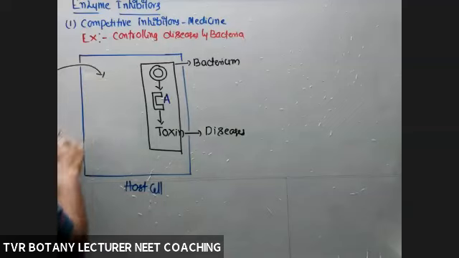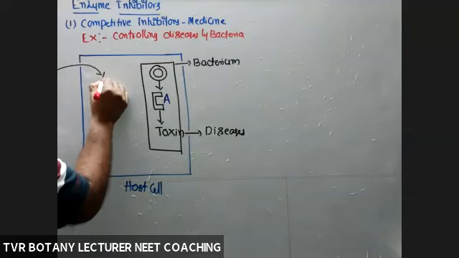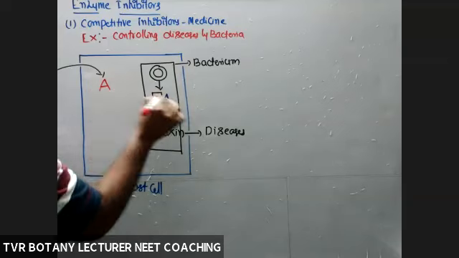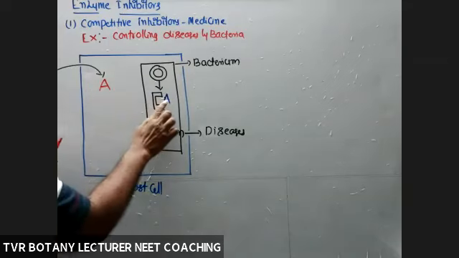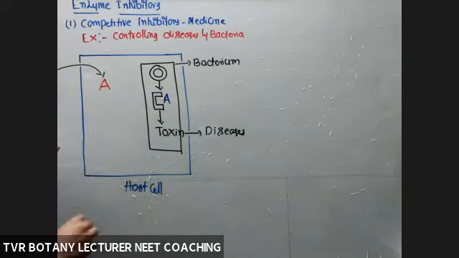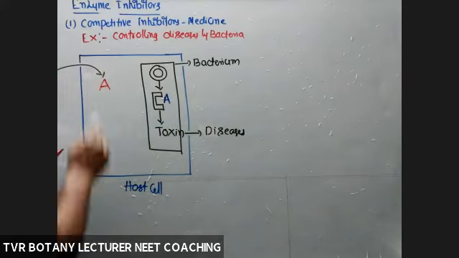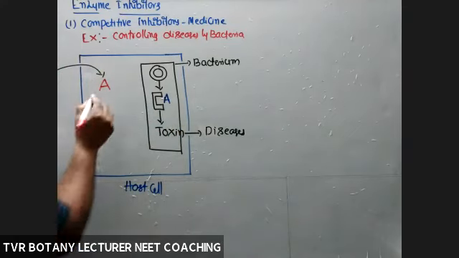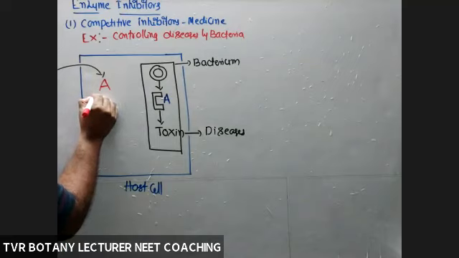For example, this is A. This A looks like that A, but different, for example, blue in color and red in color. Chemically different, but morphologically similar. So same morphology.